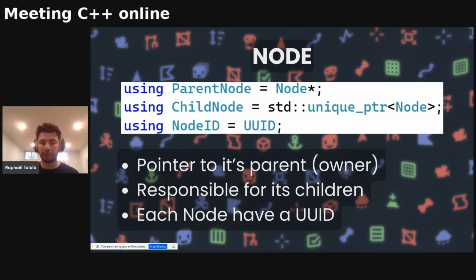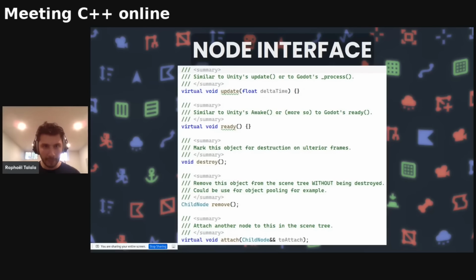We use it in many cases, for example, the destruction. So our node interface goes like this. It's pretty standard. If you know typical game engines, you have update3D, which is like our loop, and destroy. We're going to talk about it a little bit later. And remove and attach are what we use to link nodes together.